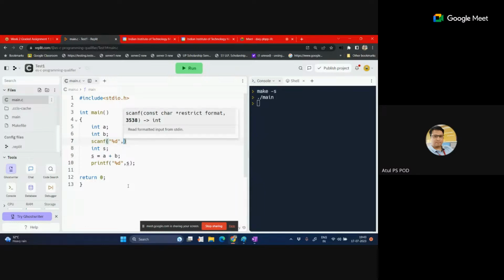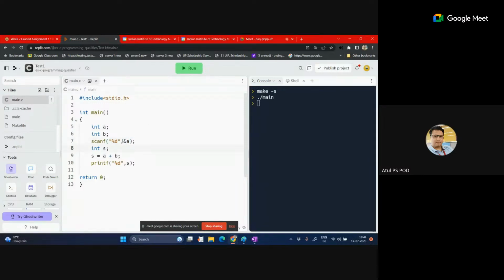So when we read this value, where will this value be stored after reading? We mention the location of the variable. For giving the location of the variable, we use the & symbol. This is actually called a pointer. Pointer means memory location. So the value we read using scanf will be stored at the address of a, the memory location of a.